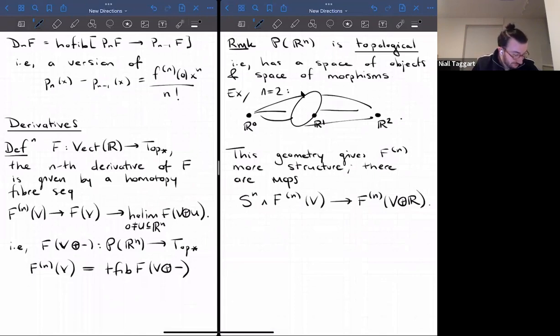So this is, in some sense, saying that this nth derivative is a spectrum, but of multiplicity n.